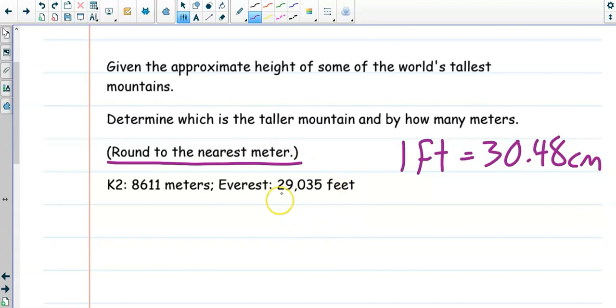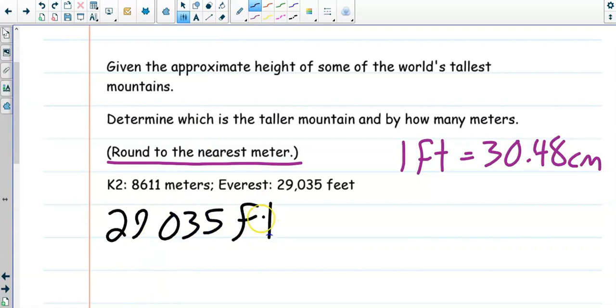Okay? So we have 29,035 feet, and we want to take that into centimeters. Looking at our unit fraction, we want to get rid of feet, so that goes on the bottom.